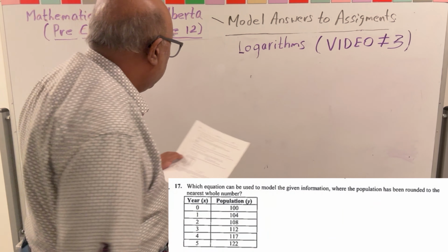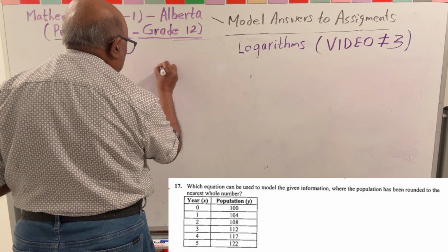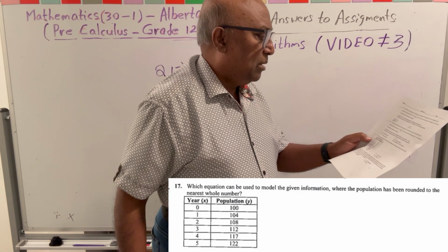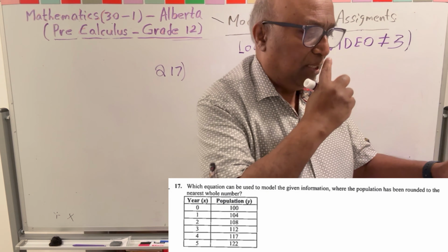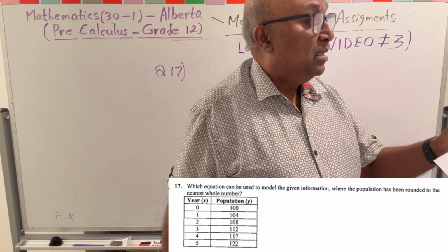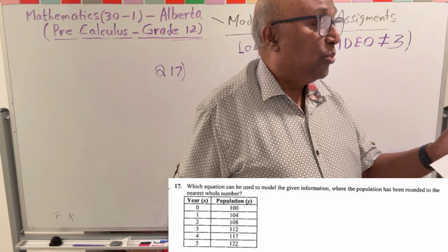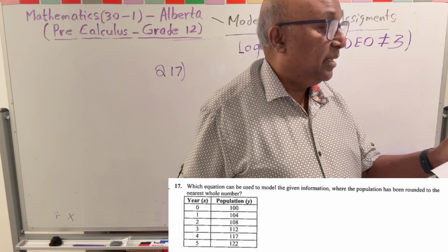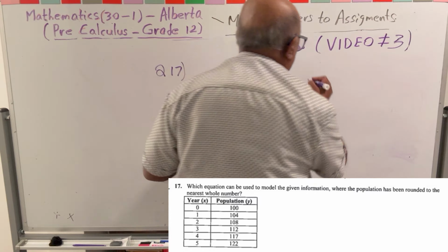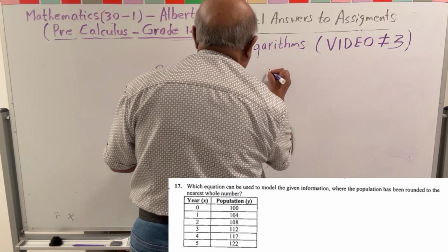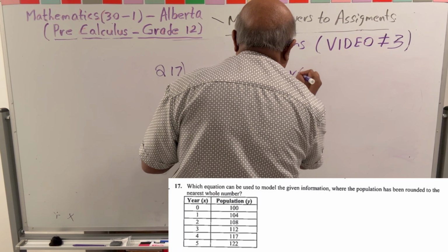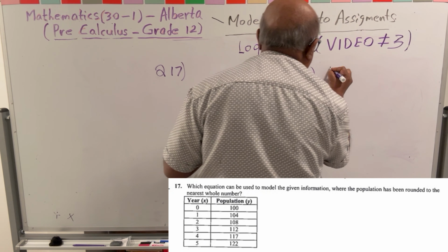Okay, let's go to question number 17. This question is actually kind of an exponential equation. Which equation can be used to model the given information where the population has been rounded to the nearest whole number? Okay, I am recording this information roughly here.